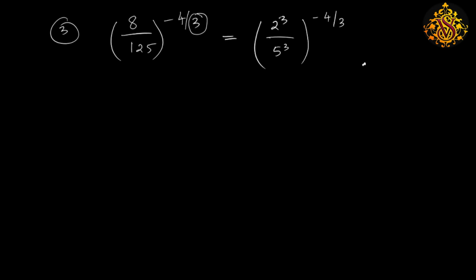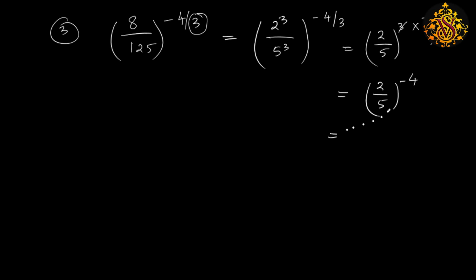Here, as the powers are the same, just write 2 by 5 whole power 3 into minus 4 by 3. 3 and 3 get cancelled. And 2 by 5 whole power minus 4 you have. Right.